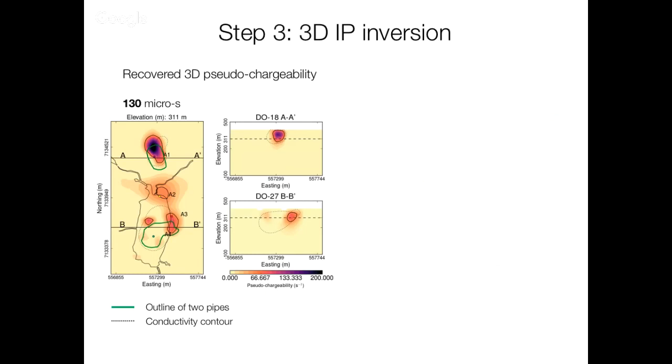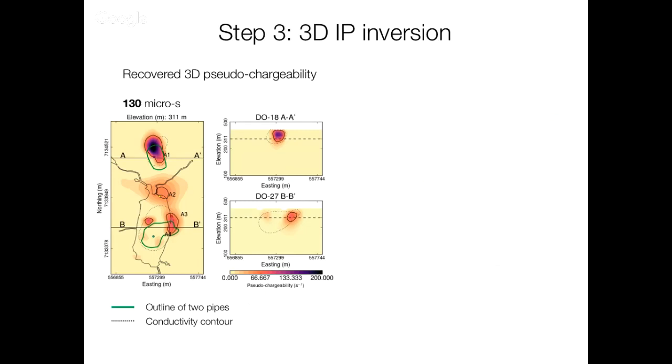The next step then is to estimate the pseudo chargeability. There's a big leap here, because remember I told you about all the complications, multiple transmitters and things moving through in different directions. So there's a big leap in actually getting a sensitivity function that's valid for this airborne data, but we're not going to go there.